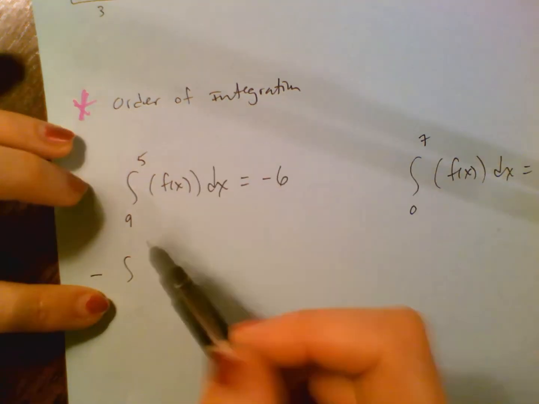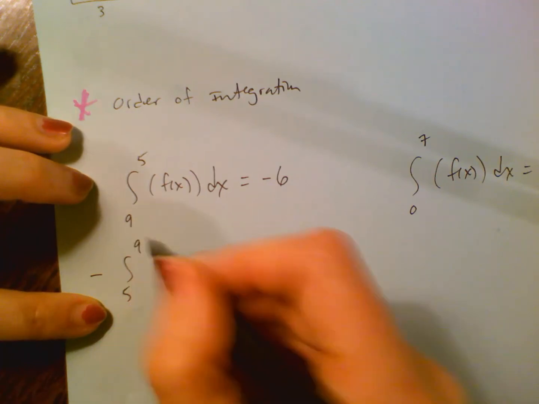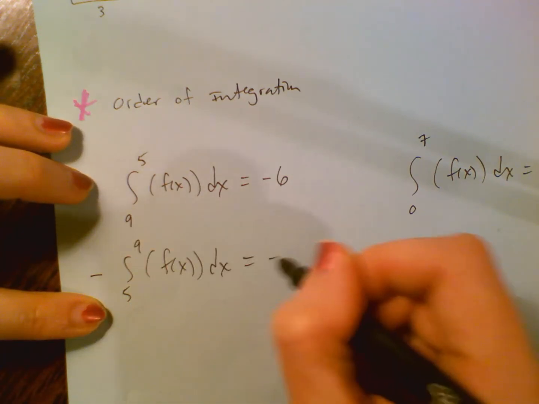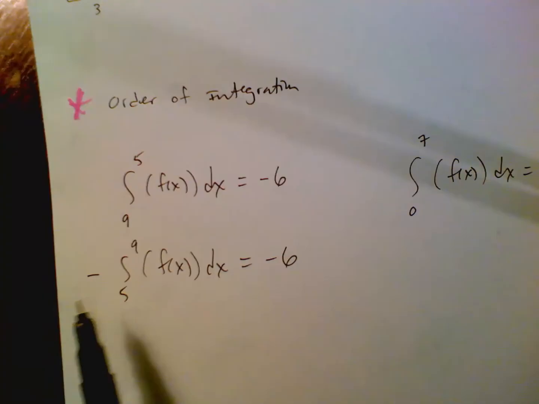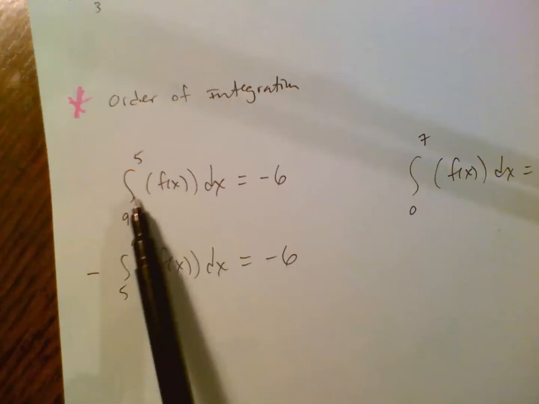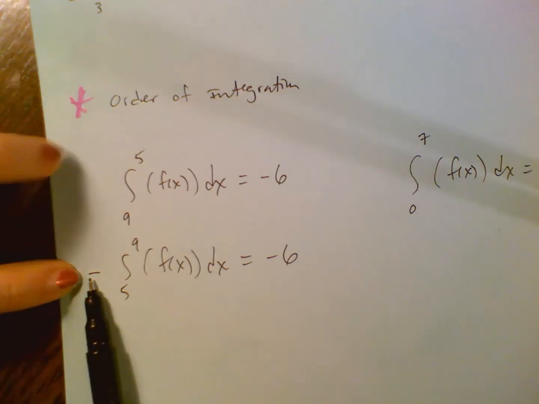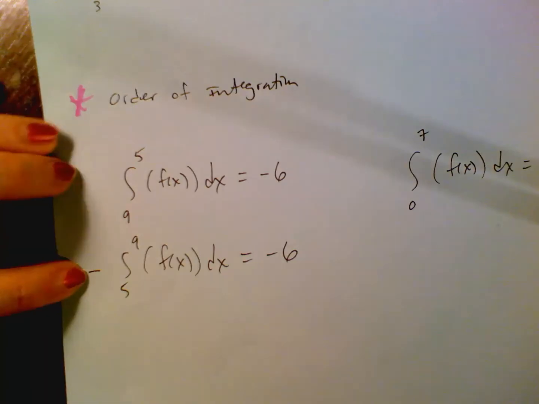Yeah. Okay, well then that means that the negative of the integral from 5 to 9 f of x dx equals -6, because these two integrals are the same, guys. Yeah, just this integral here is the same as this one, because I just used the order of integration rule. I put a negative out front and then switched the limits.